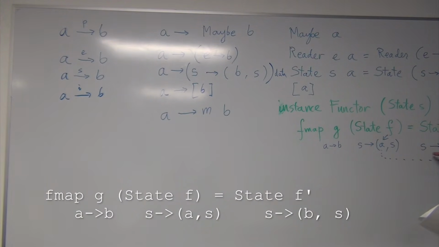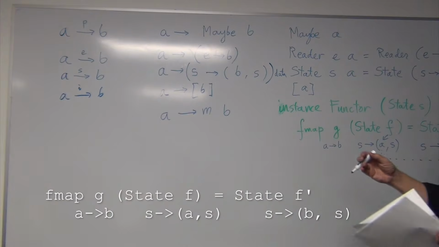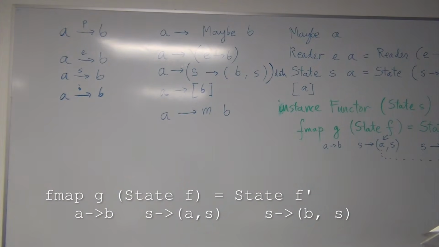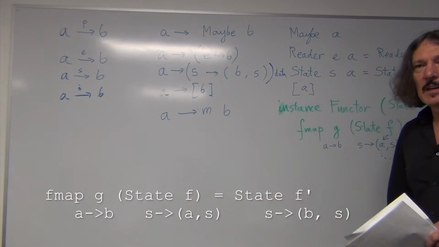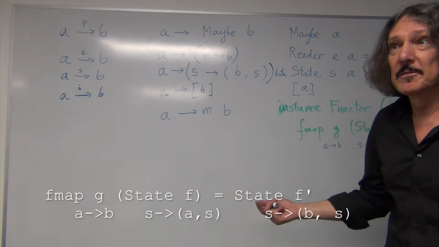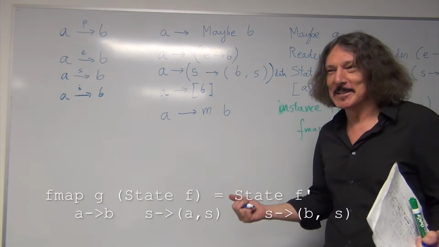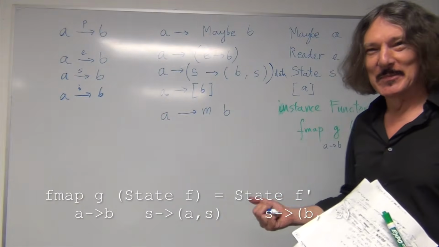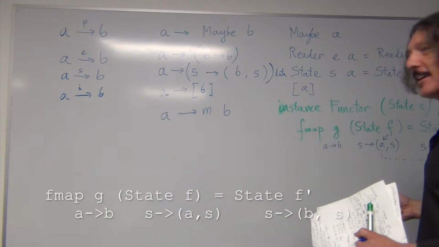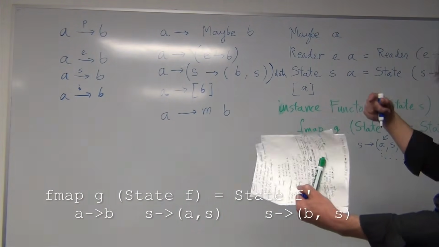So we need to create a function here. We have to create on the spot a function. How do we create a function on the spot? Okay, using lambda. Lambda is now known in almost every language, but it's really from lambda calculus and from Haskell through lambda calculus.